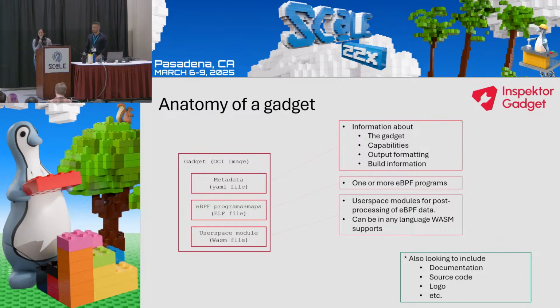And then, of course, the main thing in the gadget are these eBPF programs. There's also the option for a user space module, a WASM file, so if you want to do additional user space processing afterwards, you can use WASM for that. Those are the key components of the gadgets.